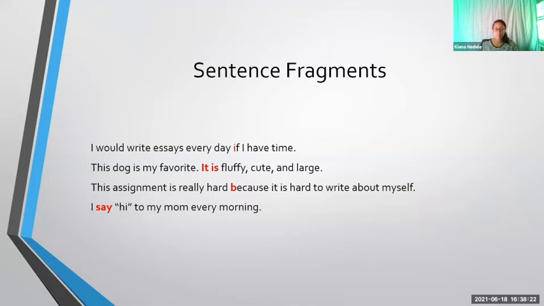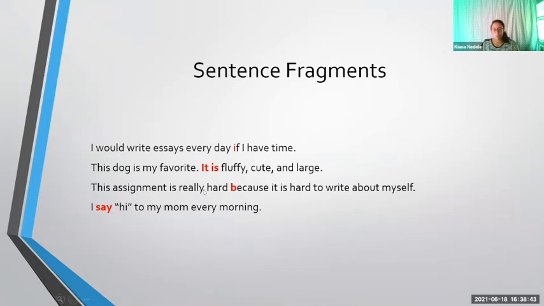So for sentence fragments, when you have words like if, because, when, while, remember that you need to have two parts to that sentence. And what can you combine it with? Or maybe you need to add that second half, the result.